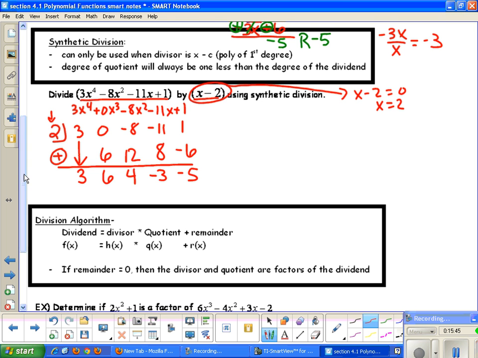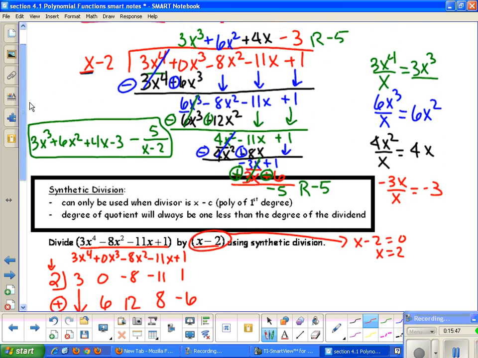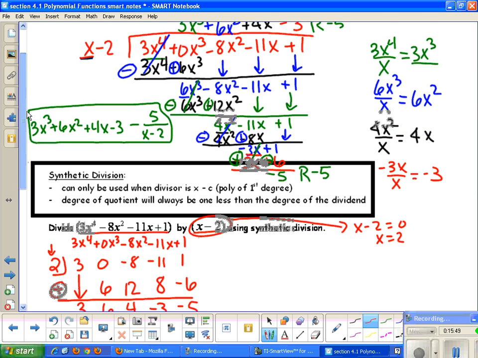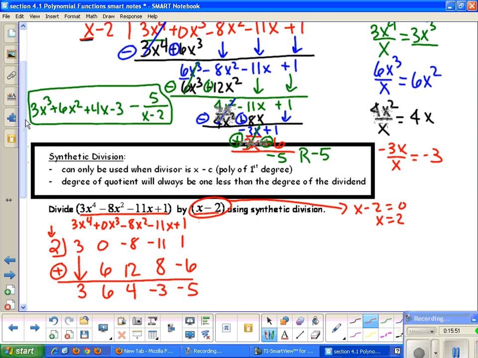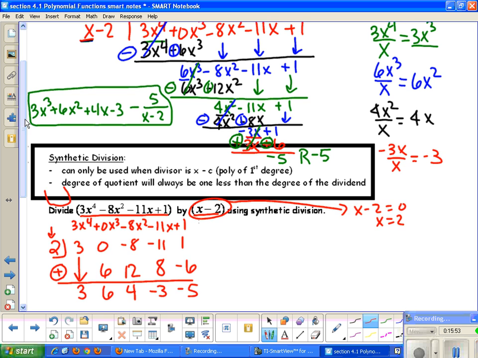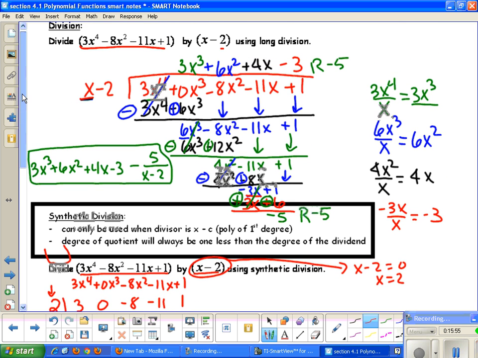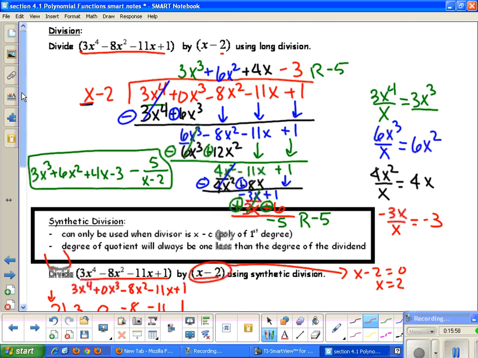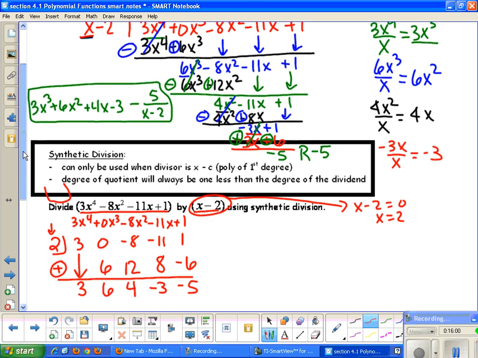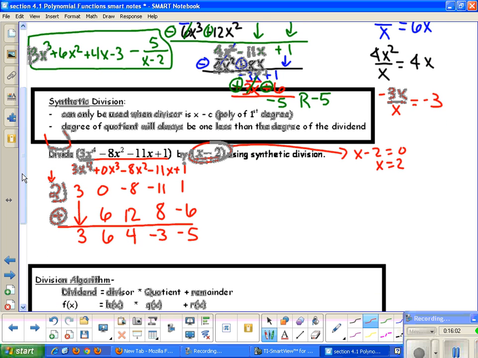Now if you look at this compared to what we did with the long division, notice that these numbers here on the bottom are the same as what we have up here. It's just that all our x values are not in there. So that means if you take your x values out, you have to replace them back in. And right here it says the degree of the quotient will always be 1 less than the degree of the dividend.